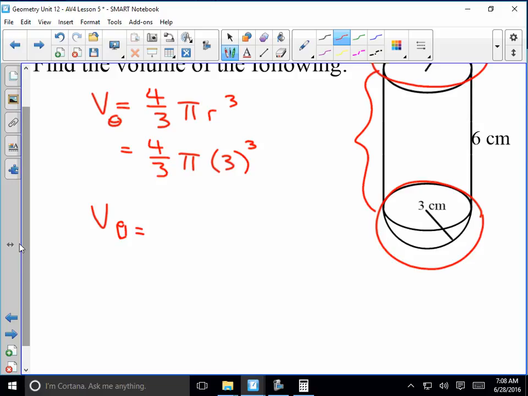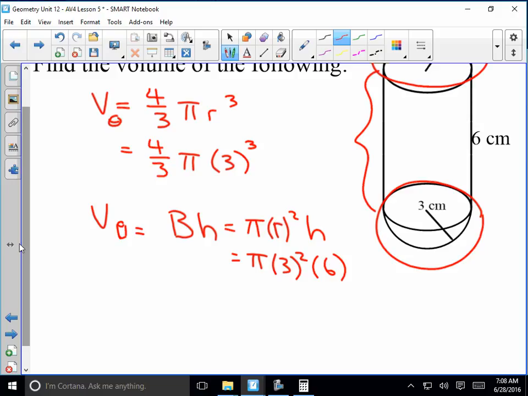Okay, the volume of the cylinder, if you remember the formula, is area of the base times the height. The base shape is a circle, so it's pi radius squared times the height. We know our radius is 3, so we have pi times 3 squared times 6.